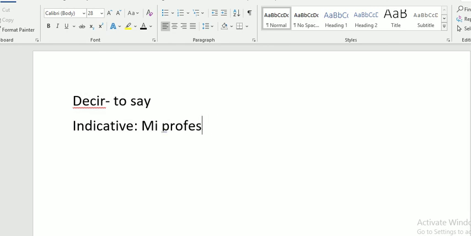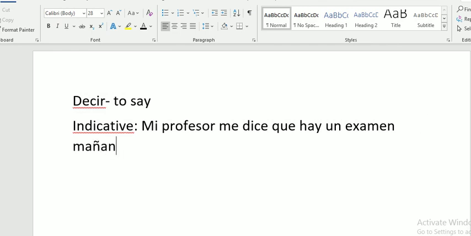Let's try going straight to English. Okay, this first one. Mi profesor me dice que hay un examen mañana. My professor tells me that there is an exam tomorrow. Now, with an indicative sentence, when using decir in that way, and remember what I said about que?